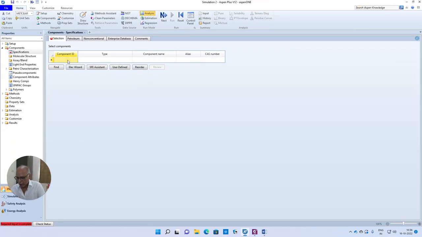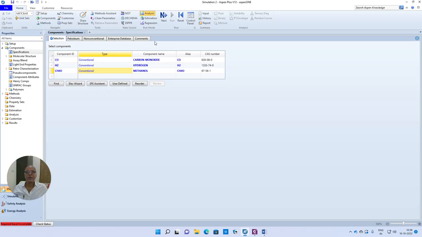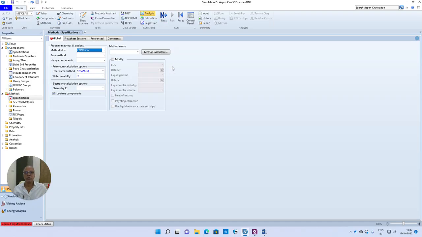So the three components that we are going to handle in this problem happen to be carbon dioxide, hydrogen, and methanol. Okay. Having selected this, you need to go into the property model. Remember, we are trying to calculate the standard heat of reaction.